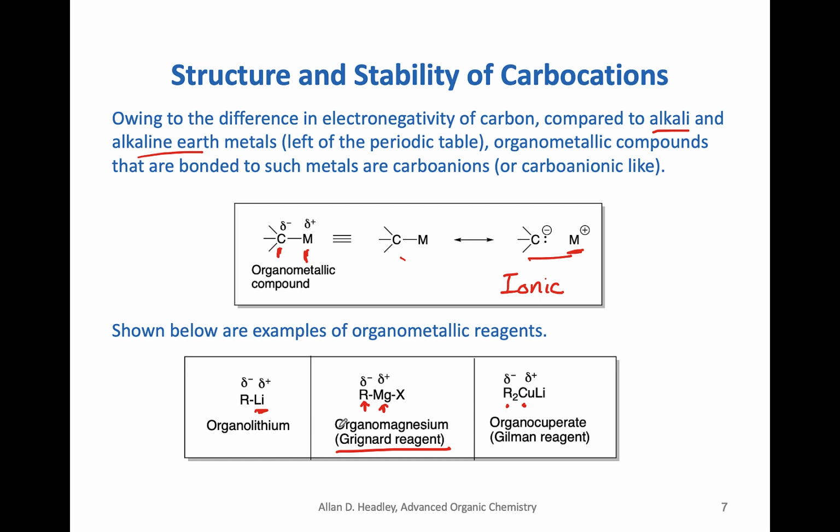So these are examples of organometallic reagents in which there is a carbanion or a carbanion-like species as part of this structure.